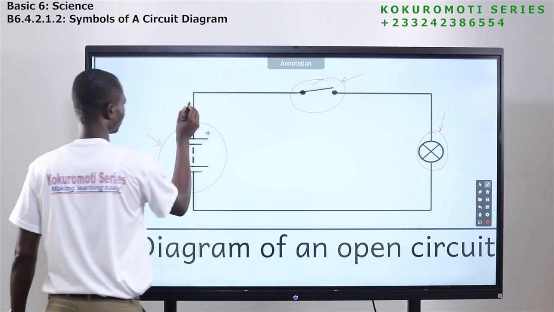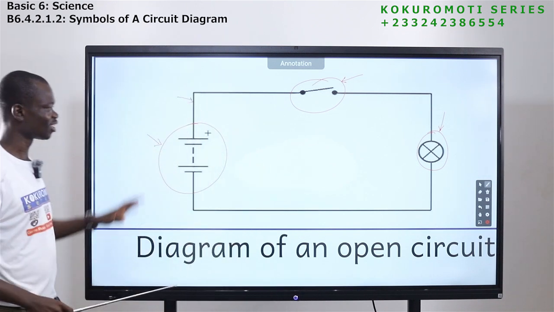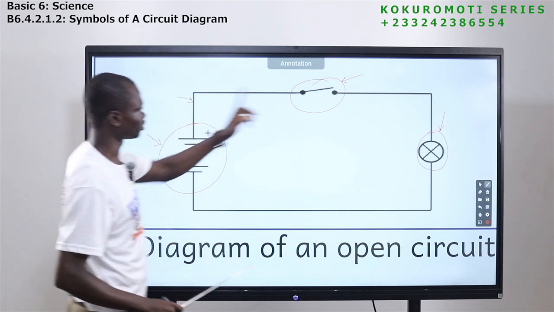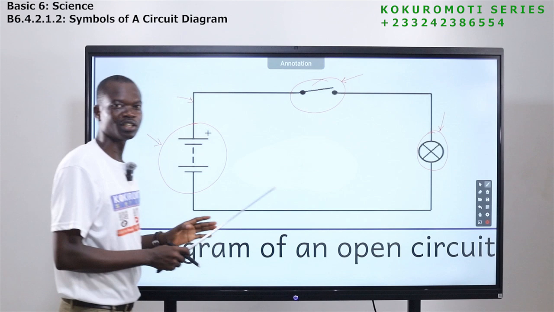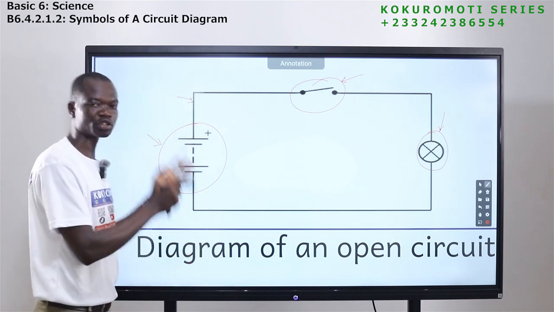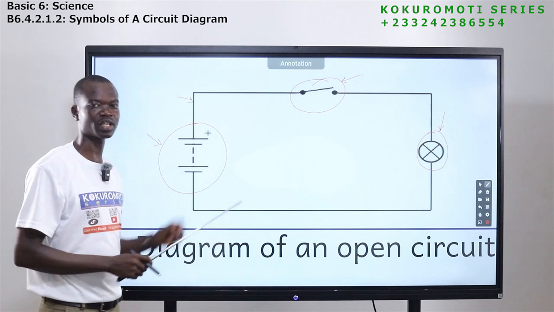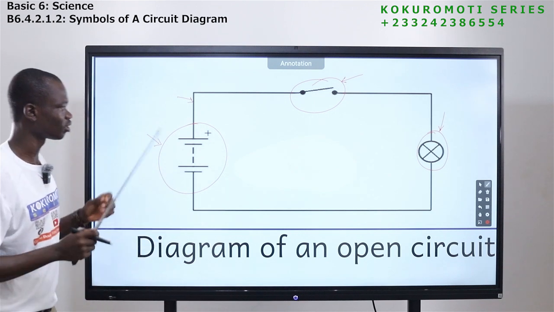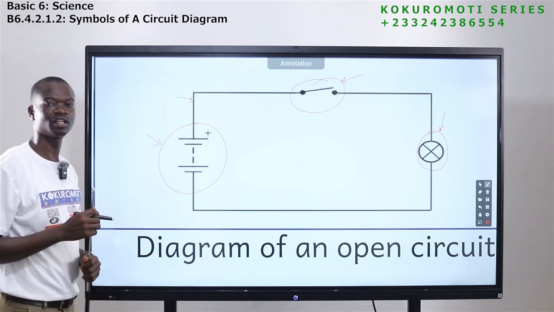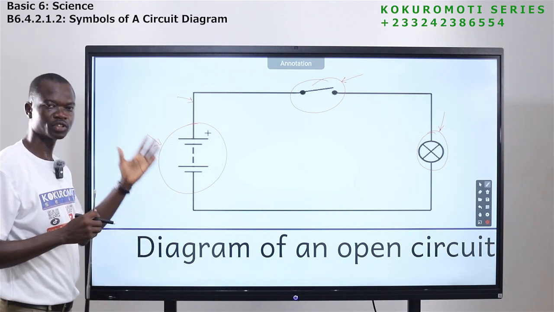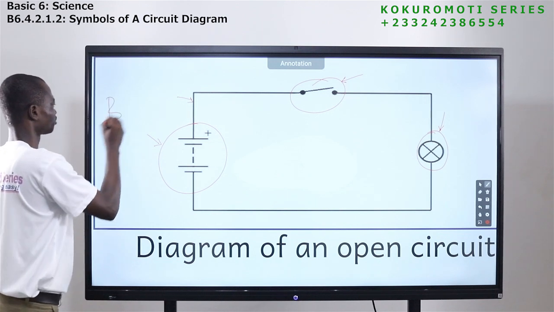Let me come to this side. The same thing is here. This is a symbol, this is a symbol, this is a symbol, this is a symbol. In the circuits, we don't see the actual components, but rather we see symbols for the components. Now let's try to identify the meaning of these symbols. The first one here, which component is this? This is a battery.